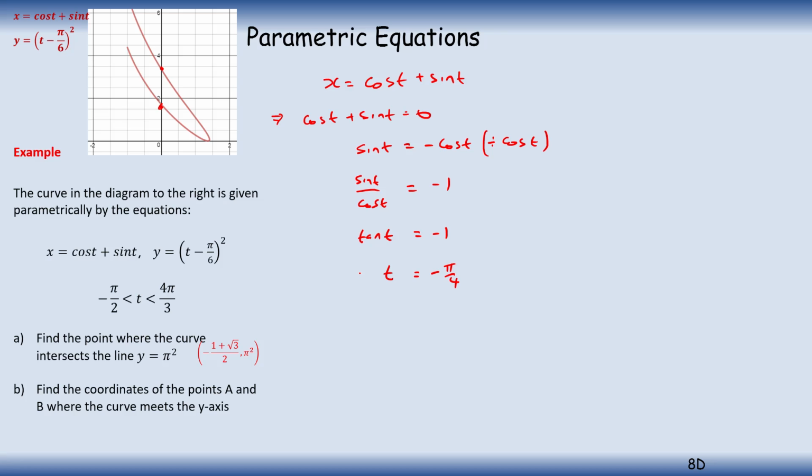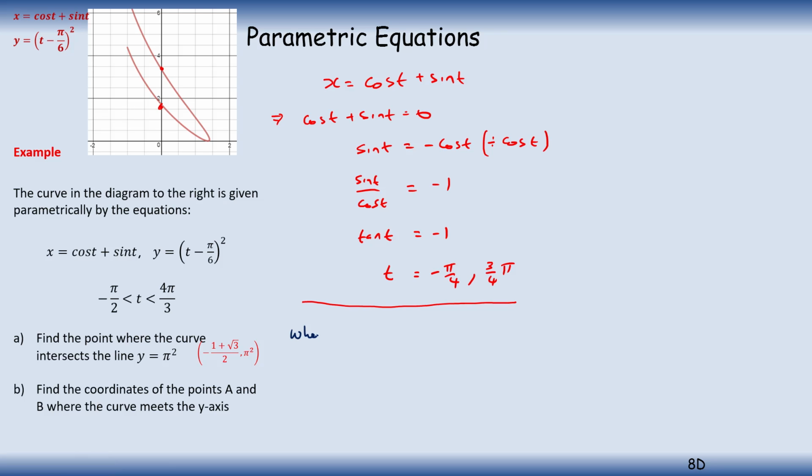Which is fine, that's within the range. If I add 180 degrees to it, so I add pi to it, I get 3/4 pi. And those are the two values I can use. So I know x is equal to 0, and now I need to find out what y is going to be, to find my coordinates for A and B, which change to blue.